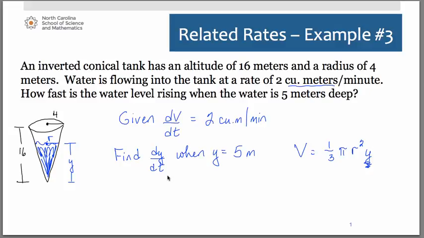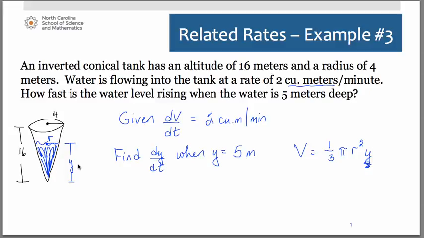So if you take a look at your cone, we're going to set up a little proportion of the different dimensions, and we're going to express r in terms of y. So let's take a look at what we have. We could do 4, which is the radius of the entire cone, over 16, the height of the entire cone, and we could set that equivalent to r over y.